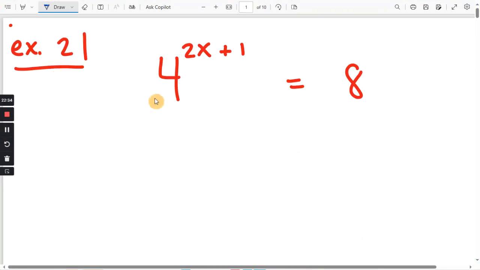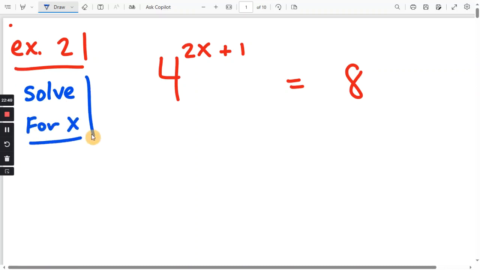All right, example 2. Here we have 4 to the power of 2x plus 1 equals 8. I'll just write that off on the side here. You want to solve for x. So how can we do this? Well, remember, if this base number matches the base of the log, it will cancel.